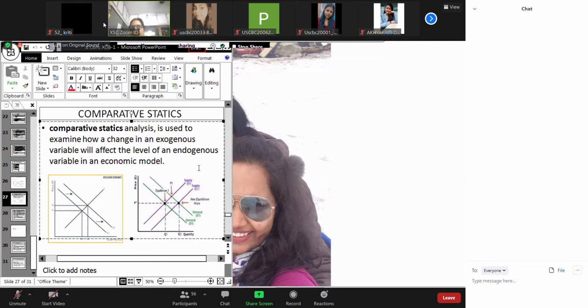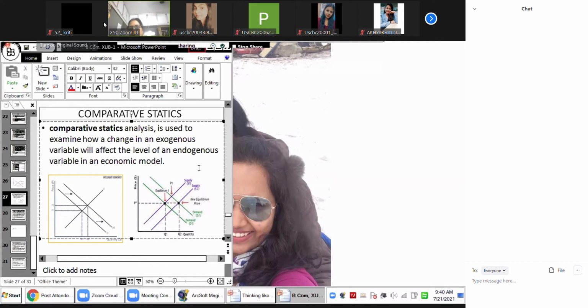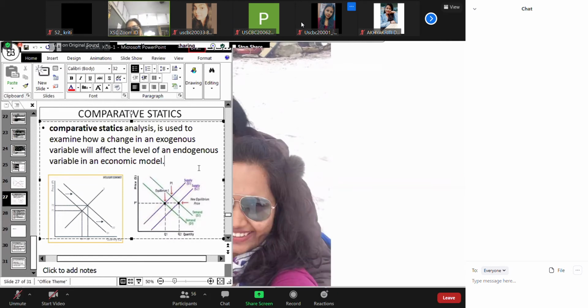Suppose, for example, you have a situation where the consumer is at equilibrium with the given income, given his taste, given the climate, given the prices of all other goods and services, and the price of the commodity itself. He has already decided how much he has to consume.